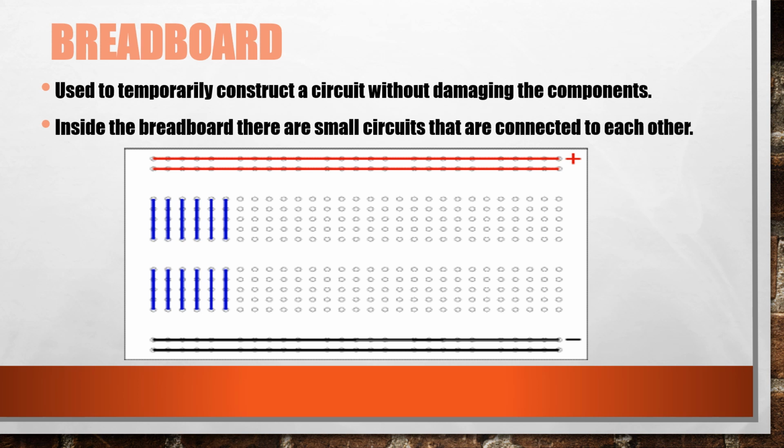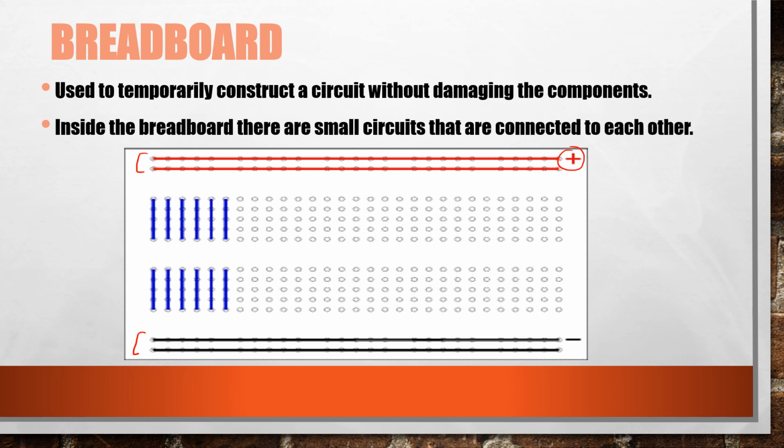Now look at these red lines. All the dots or holes that are present below these red lines, they are connected horizontally. These red lines are positive. Now look at these black lines.